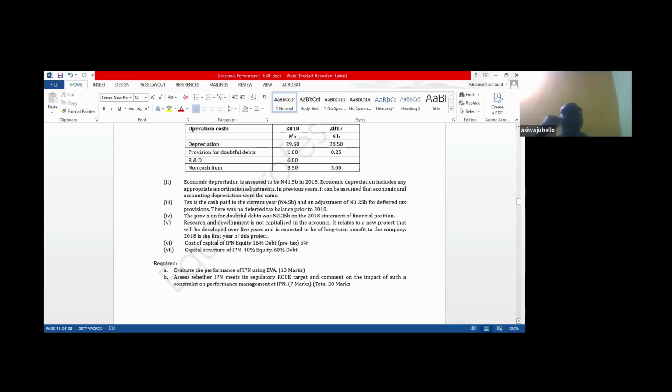Note number 5. Research and development is not capitalized in the accounts.